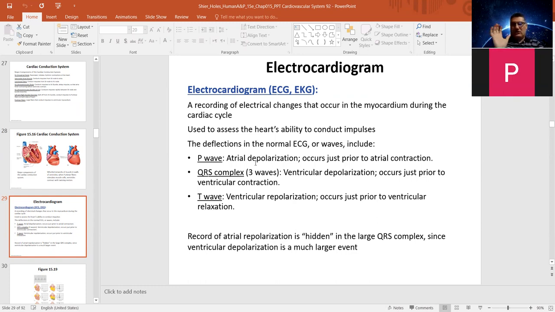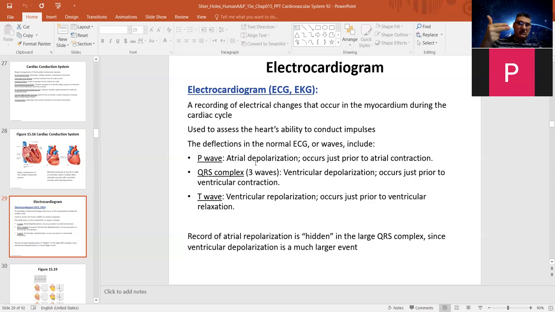But what should I remember that I will be asked about? P wave, atrial depolarization. QRS, which has three components, but you will be asked about it as a complex: ventricular depolarization. T wave, ventricular repolarization. The ventricles repolarize again.